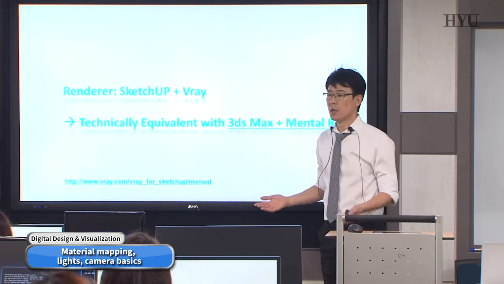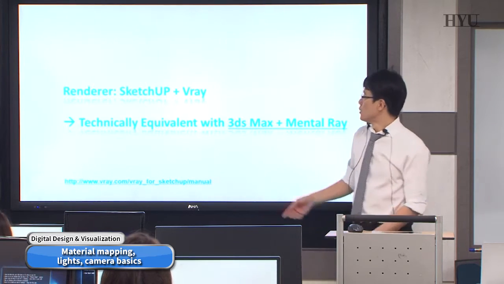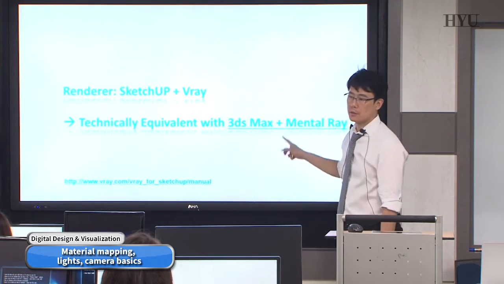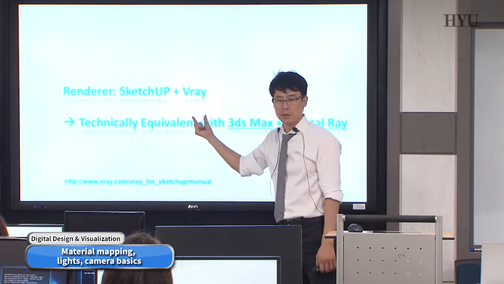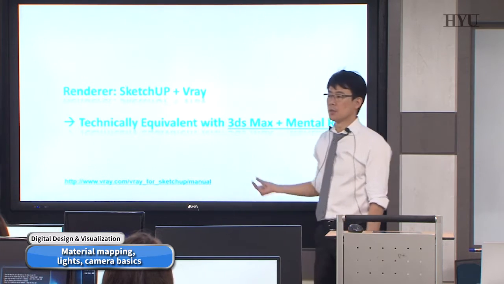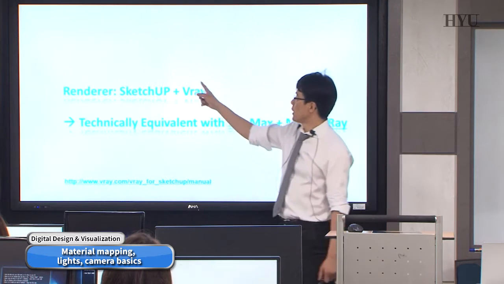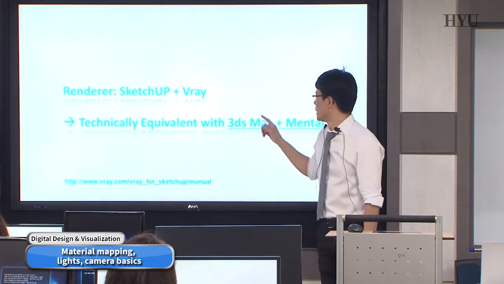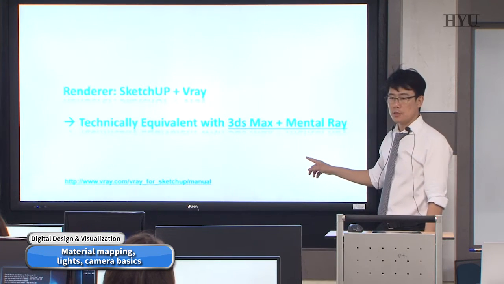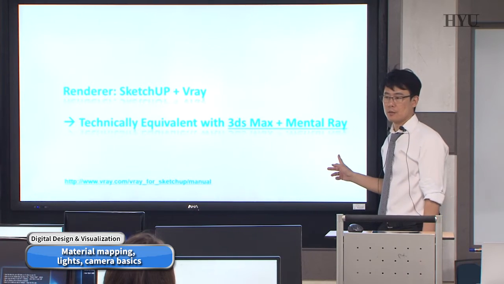Technically same, but what's different? Software name is different. User interface, totally different. Their terminology, sometimes different. V-Ray calls emissive. Mental Ray calls self-illumination, okay?